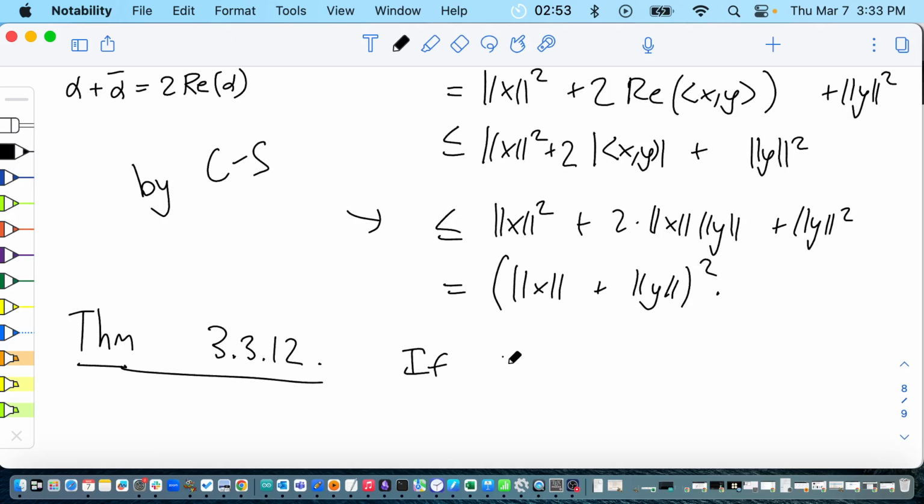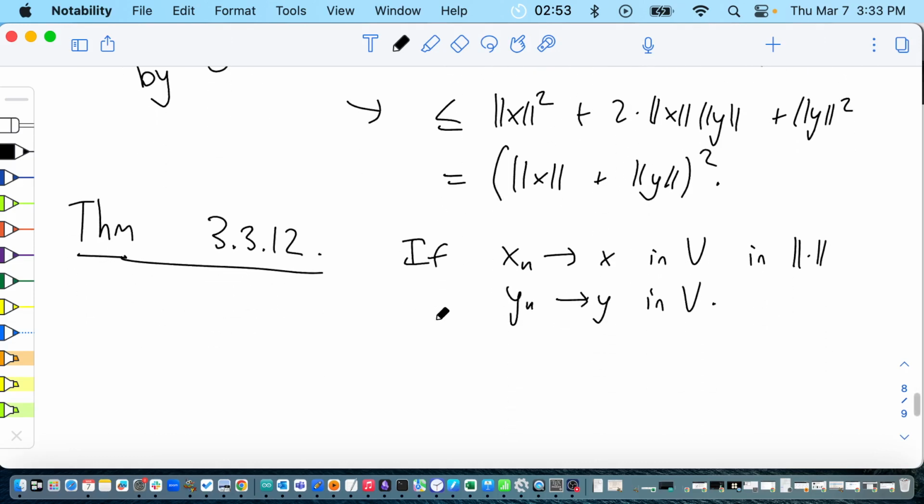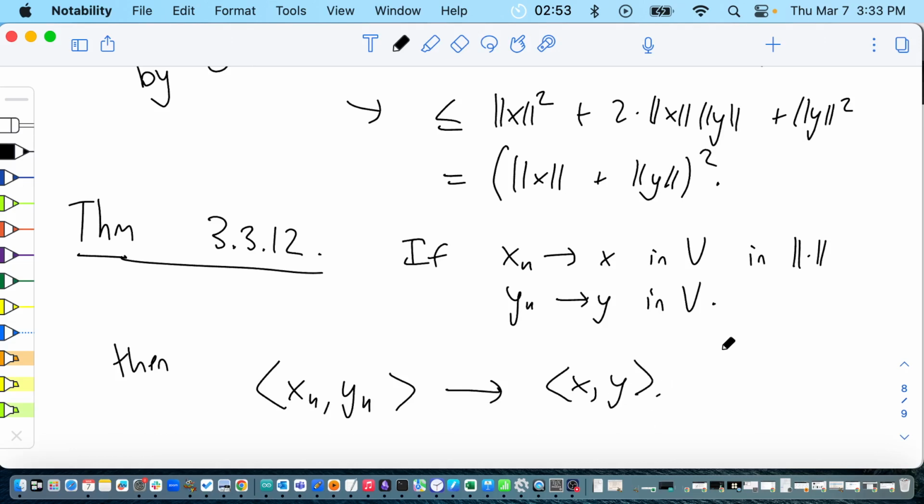If xn converges to x in V, and yn converges to y in V, in norm, then the inner product of xn and yn, as a number, will converge to the inner product of x and y. This is in R.